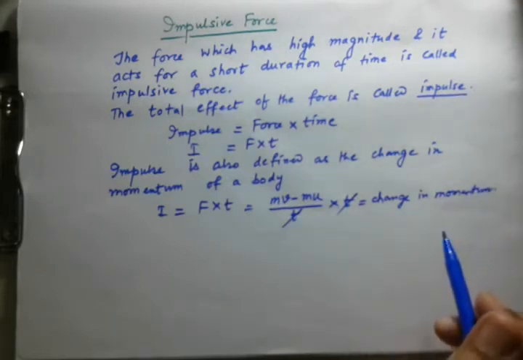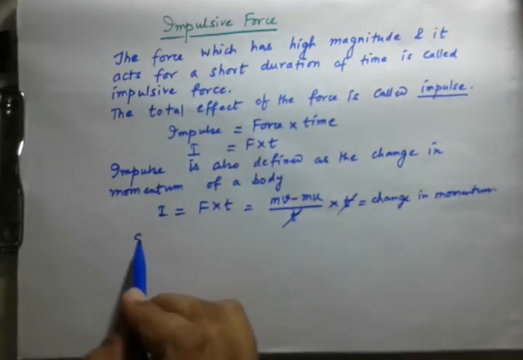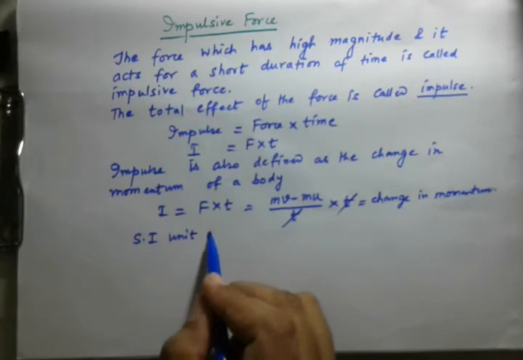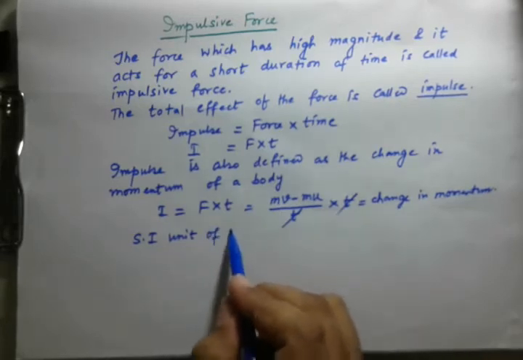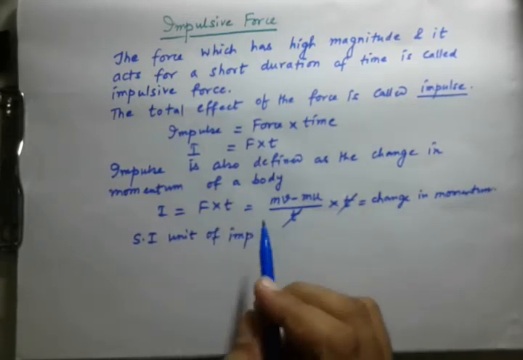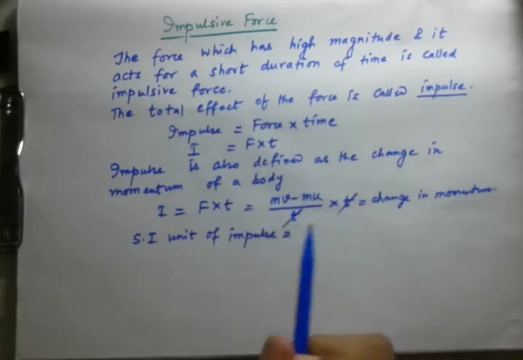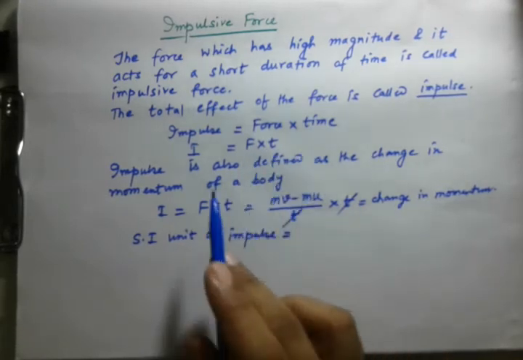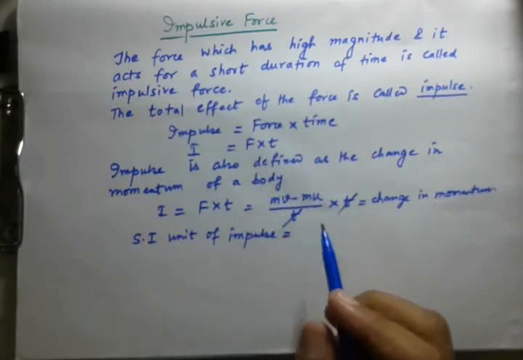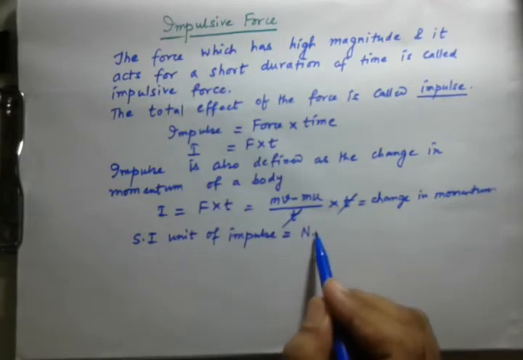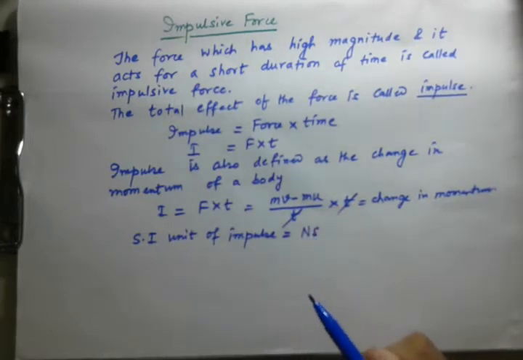Now what is the SI unit of impulse? SI unit of impulse is equal to force into time. What is the SI unit of force? Newton. So the unit is Newton second.